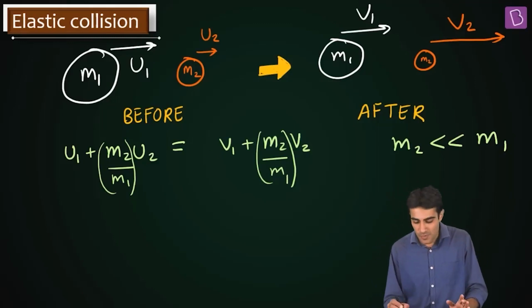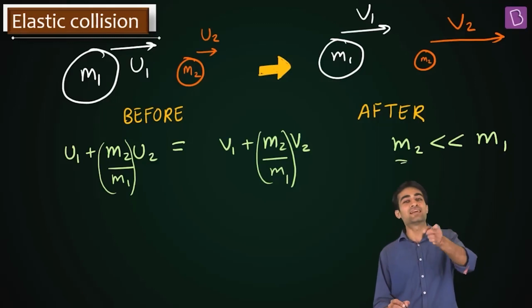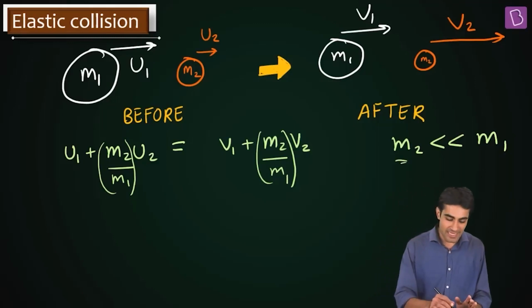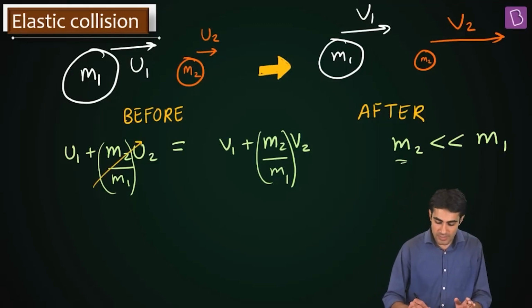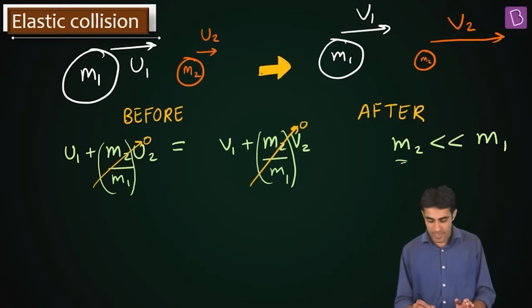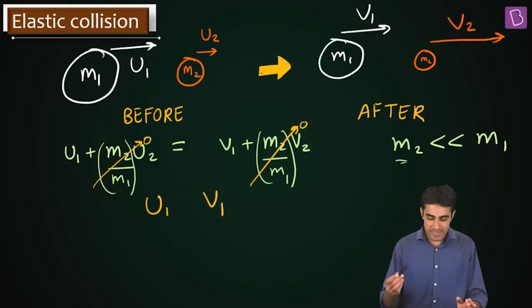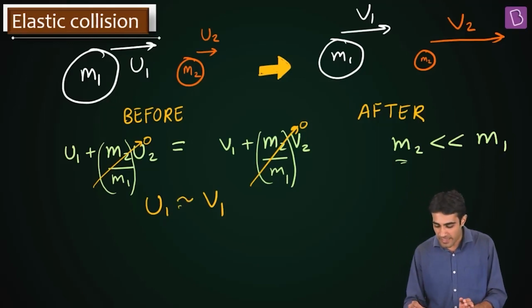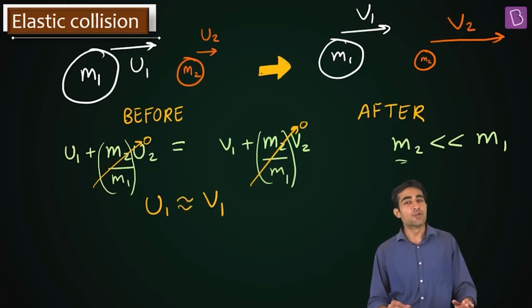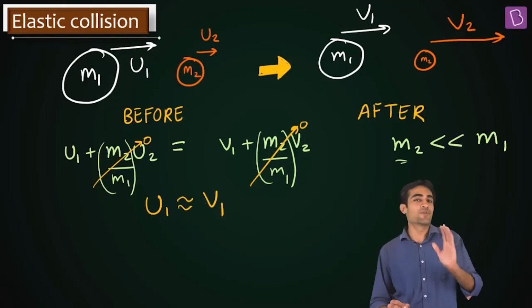See, m2, we have taken it to be very less than m1. So this ratio is almost 0. So now we get the value u1 is approximately equal to v1. Approximately equal. Let me use a different sign. Okay. So you got the point. u1 is approximately equal to v1.